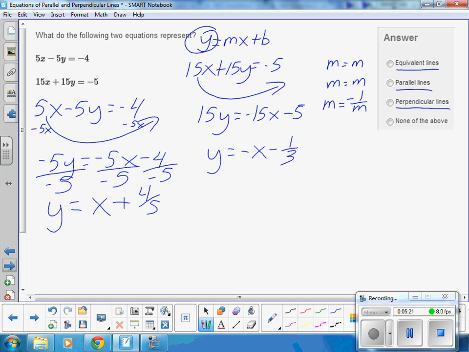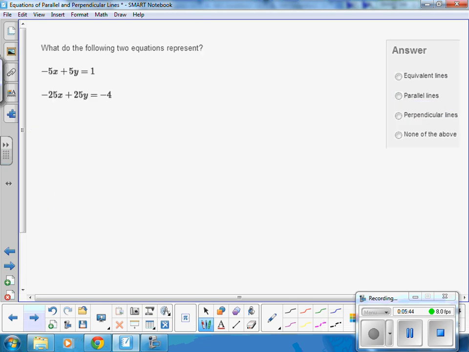Okay? So I look at the slopes. Here I have a slope of 1, and here I have a slope of negative 1. They are opposite reciprocals of each other, so these two equations are perpendicular lines, barring, of course, that I made any mistakes. Let's take a look at the next one.